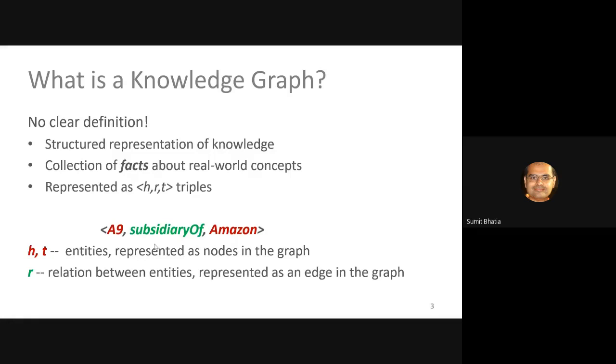When entities are represented as nodes and relationships are represented as edges, you can see how a graph structure emerges. For example, let's say Sumit lives in Delhi, Delhi is in India, India is in Asia. So a whole path is coming into the picture, and that's why we call it a knowledge graph. And all these facts are there.